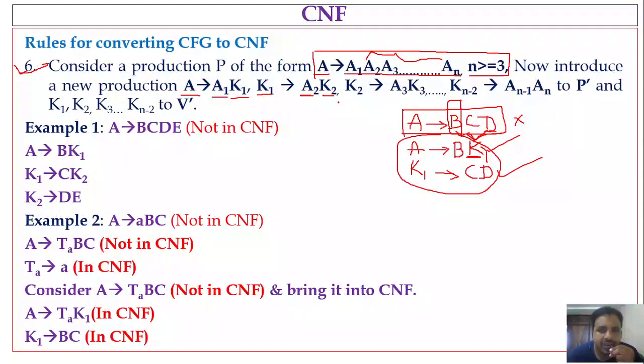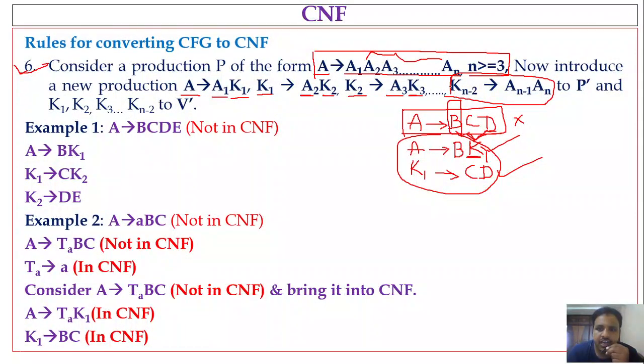Right. Next, what is K2? K2 denotes A3. After that, we have the sequence A4, A5, so on, AN. That part we represent with K3. So on, we follow the sequence until we get Kn minus 2 denotes An minus 1 An.